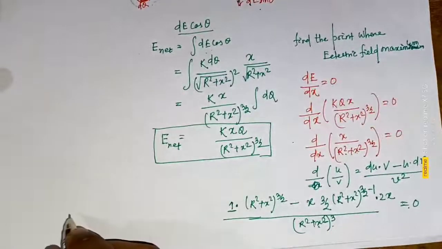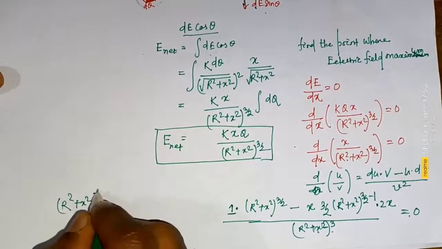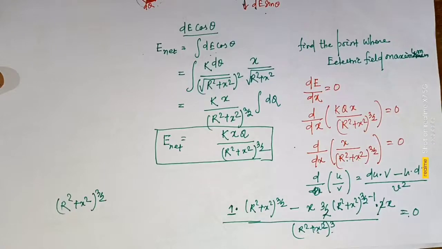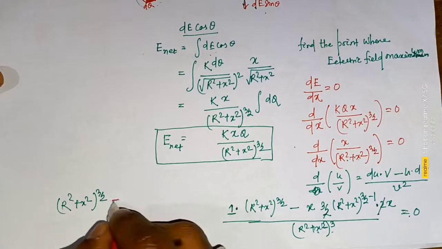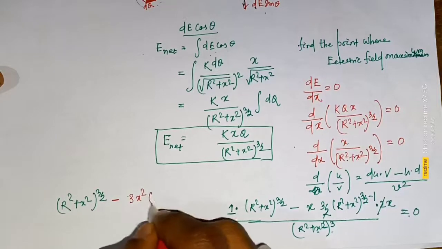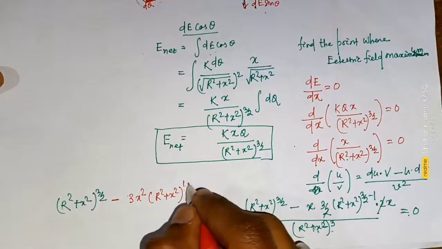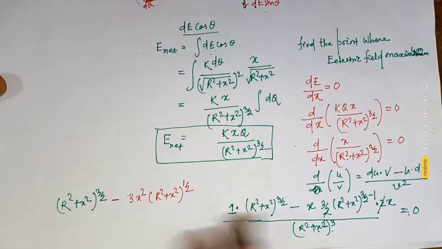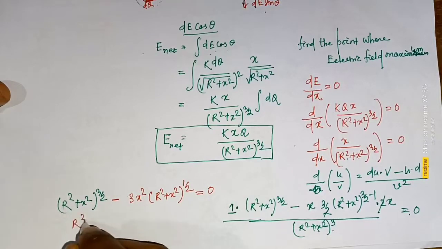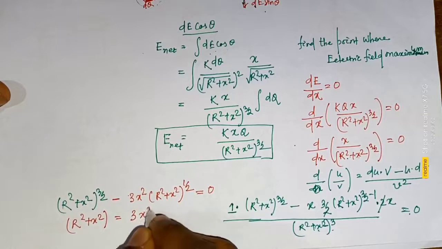So the final result comes as (r square plus x square) whole to the power 3 by 2 minus 3x square (r square plus x square) to the power 1 by 2 equals 0. Dividing out, r square plus x square equals 3x square.